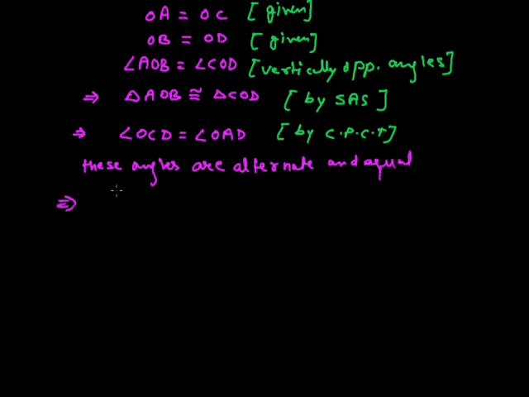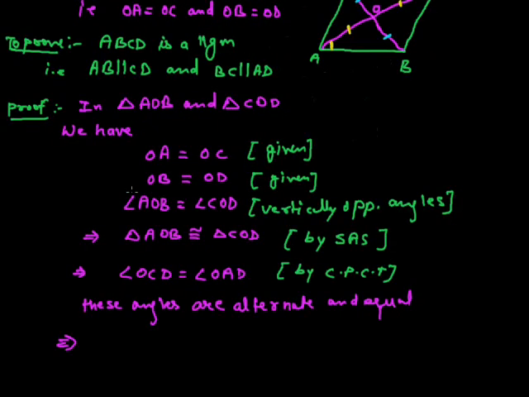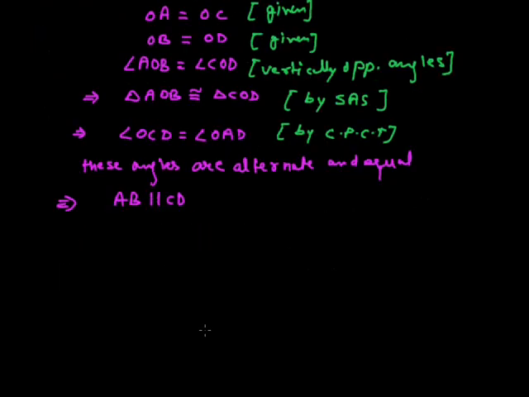So if these are equal and alternate angles, AB should be parallel to CD.